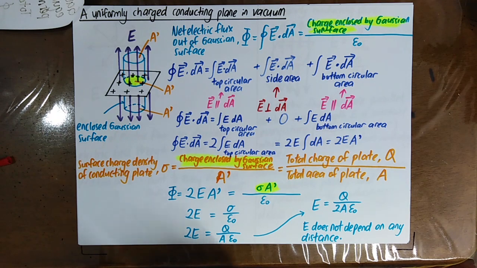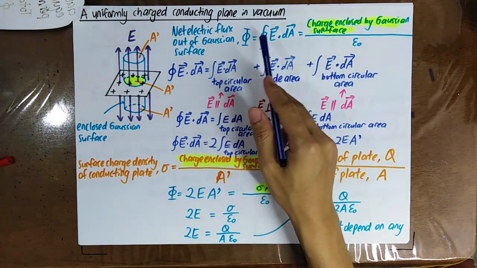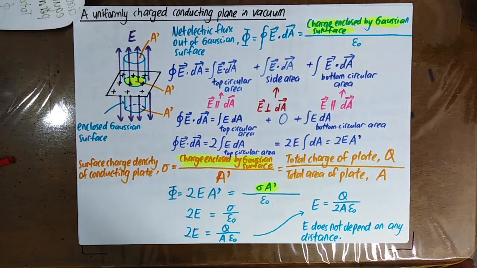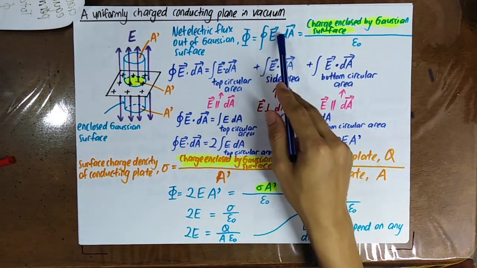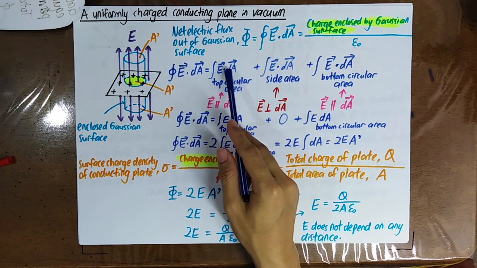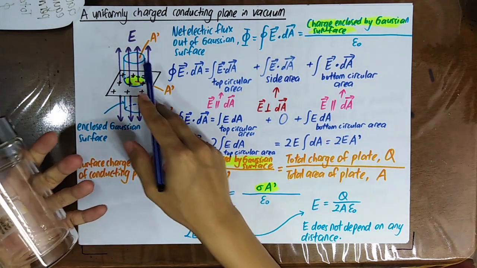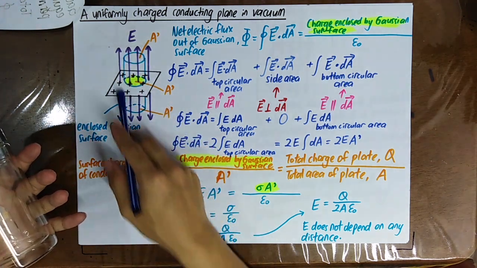Okay, so now we recall the formula that you get from the Gauss law. When you are doing the closed surface integration, you are doing the surface integration for different surfaces. For example, now we consider a cylindrical surface.